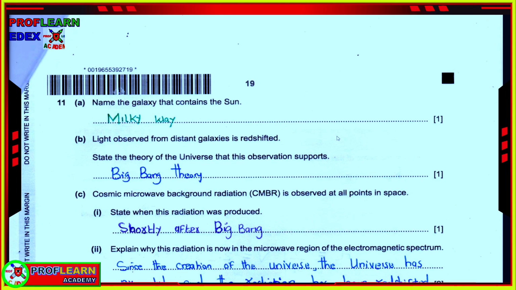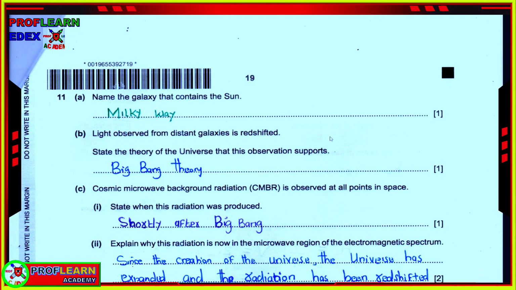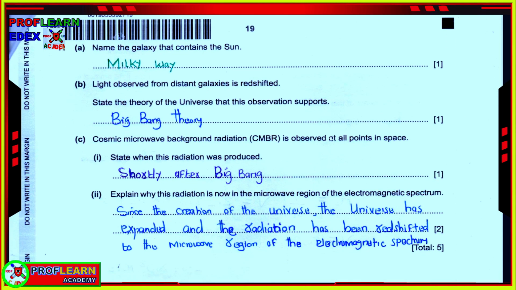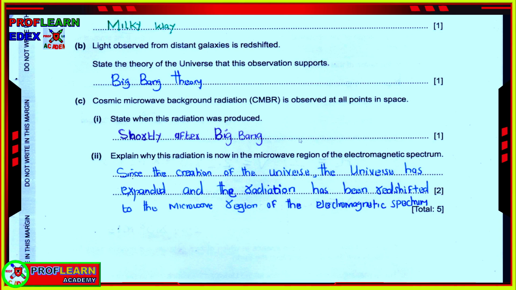Our galaxy, remember the universe is made of billions and billions of galaxies. The galaxy that contains the sun is called the Milky Way. When you are learning about cosmology, which is the study of the origin of the universe, according to the IGCSE Cambridge specification, you are supposed to learn using the Big Bang theory, because I understand we come from different backgrounds and different races.